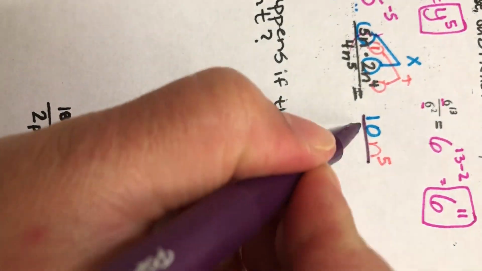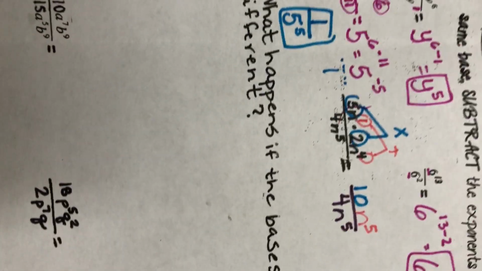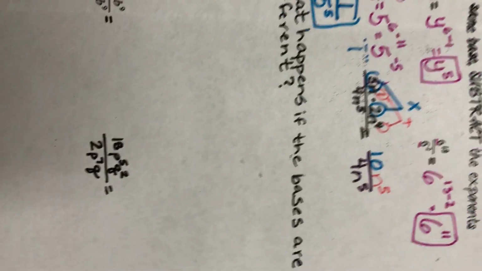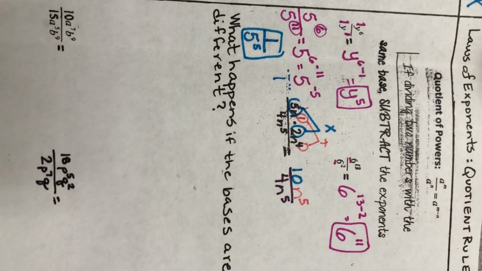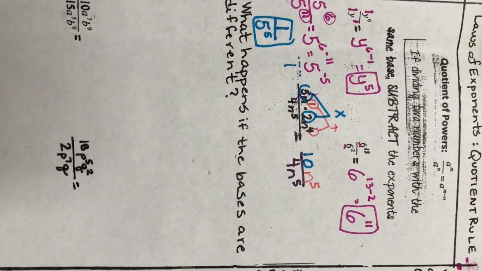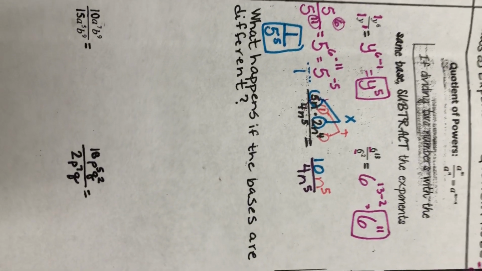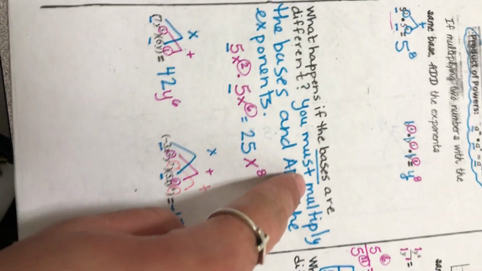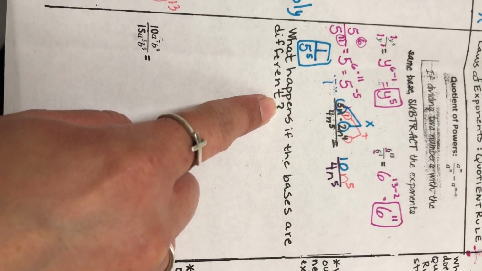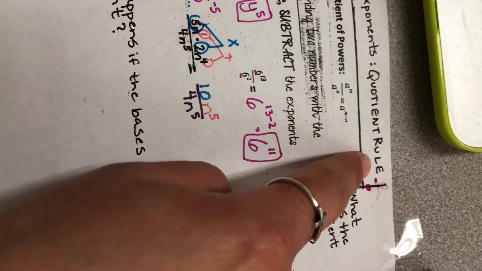And I still have my denominator. Now, what does my quotient rule say? That if my bases are the same, I leave them the same and I subtract, right? Well, my bases are different. Over here, when they were different, I multiplied them because it was called the product rule. So if the bases are different in a quotient, I'm going to divide.